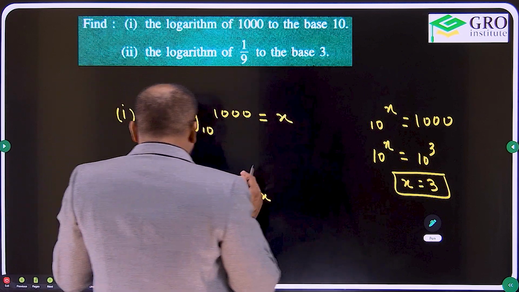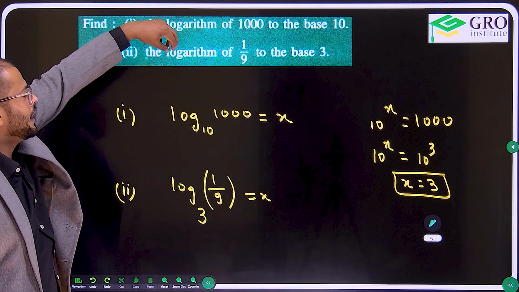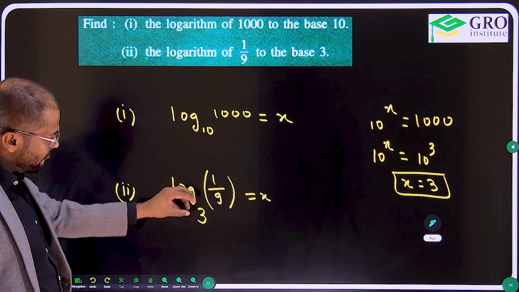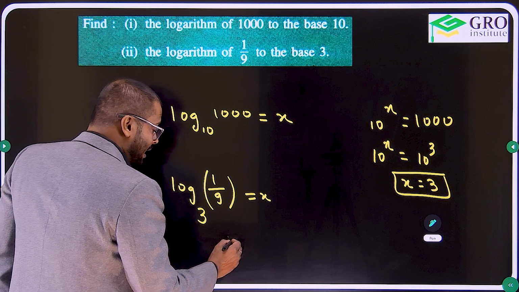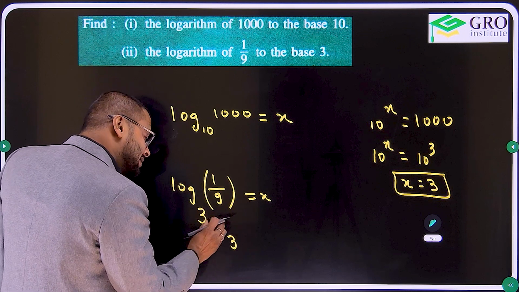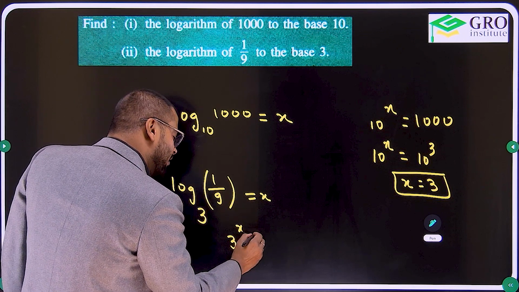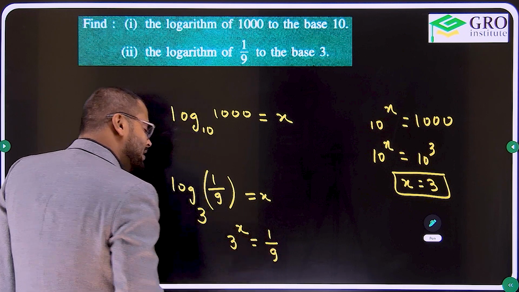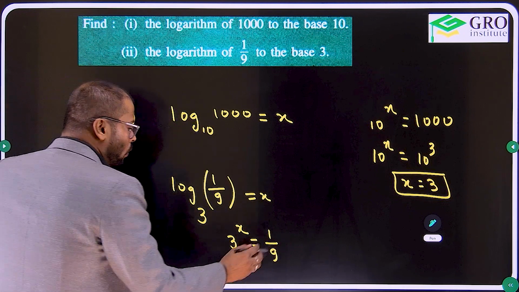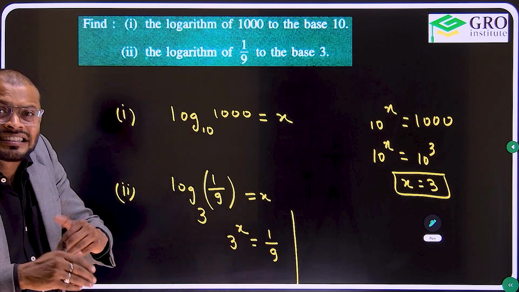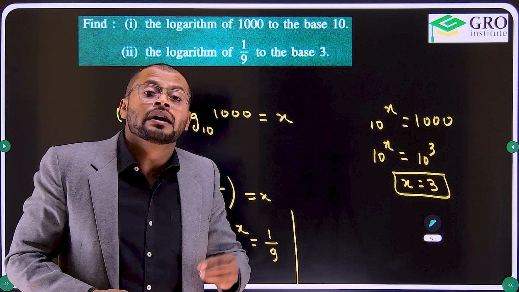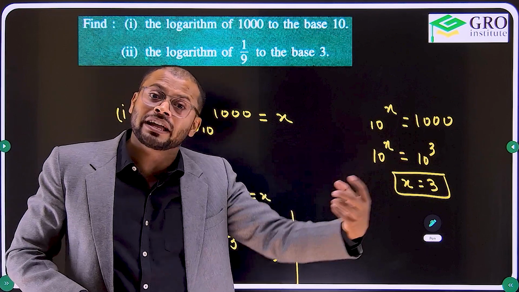Moving ahead to part 2, right? The logarithm of 1 by 9 with base 3 is equal to x. So let us convert this in terms of exponent. Base remains base. This is your power. This is 1 by 9. Yes or no? Clear? Now we have to convert 9 into 3 to the power something form.